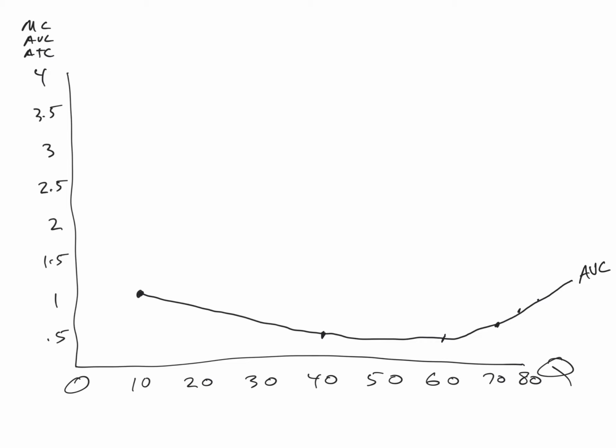Okay, average total cost. You can do the same thing. When output is 10, average total cost is 11. Okay, so it's way, way up here. When it's 40, average total cost is 3.